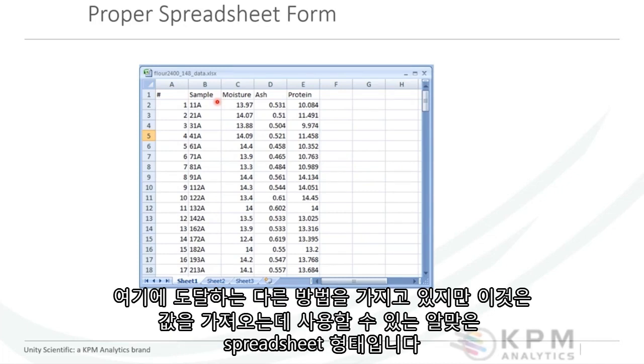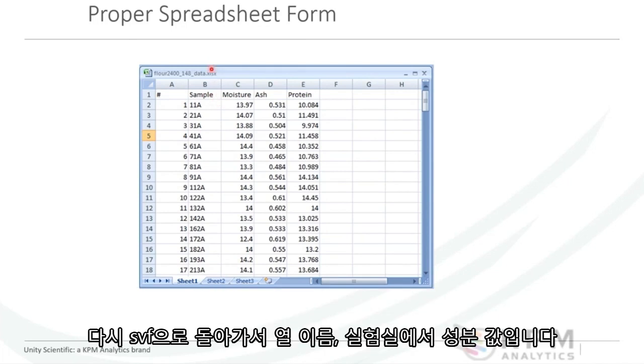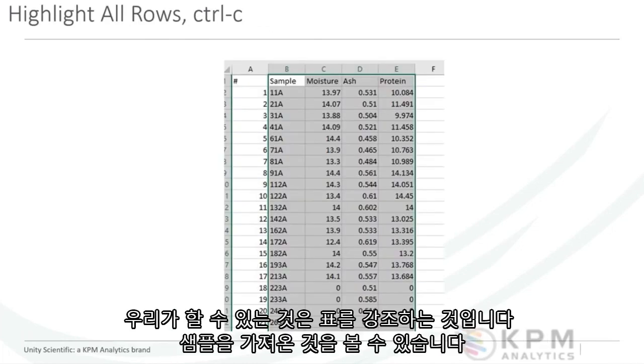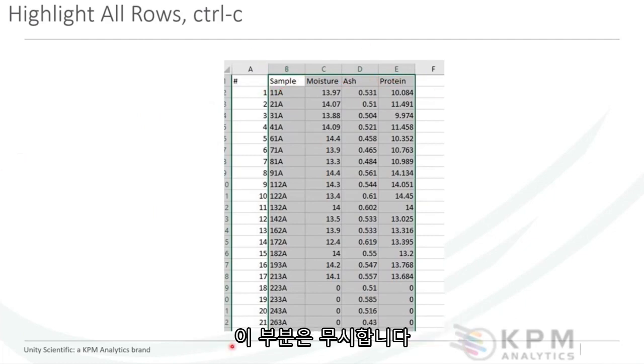So there are a number of different ways to get here, but this is the proper spreadsheet form that we are going to use to import our values back into the SVF. Column with sample name and a column per constituent with our constituent values from our reference lab. What we can do then is we can go in and we can highlight all of the rows. You can see we just grabbed the sample. We ignored this.